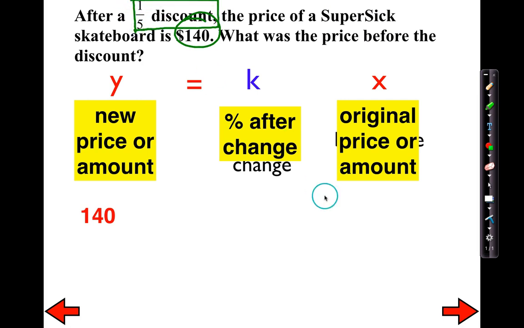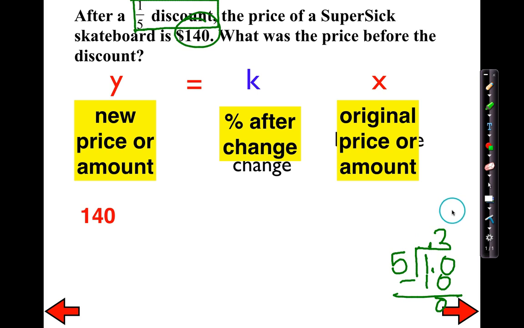Right now, let me go turn it into a decimal so I can see what that is. 1/5 is 1 divided by 5. Bring up the decimal, 5 goes into 10 2 times. So this is essentially 20%, which I'm just going to leave as 2/10. So here's the thing. After everything, after the discount, I paid $140. So what does that mean?